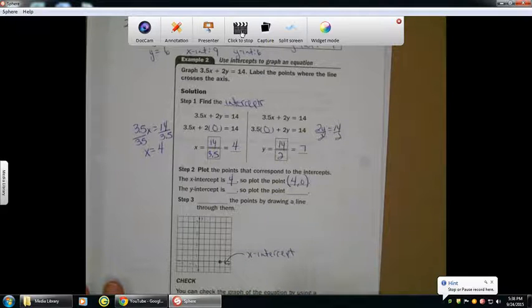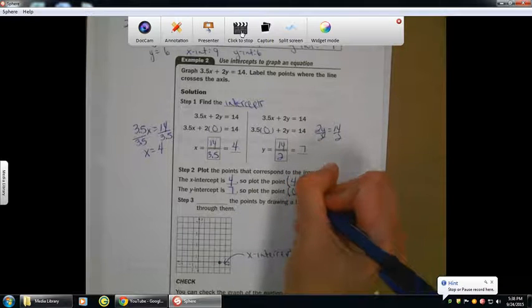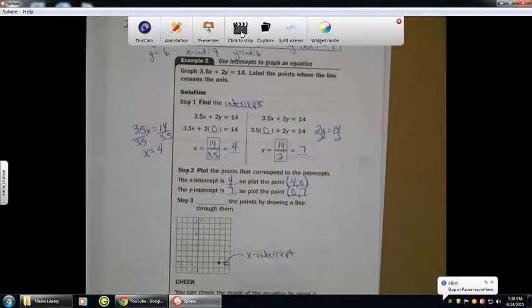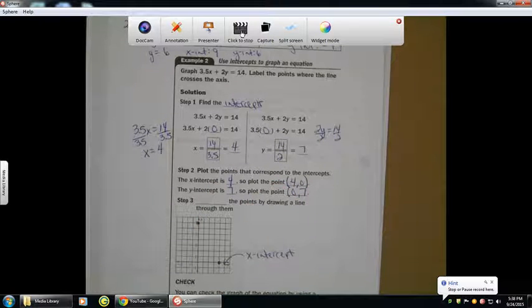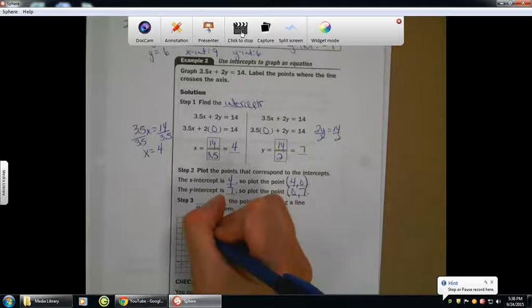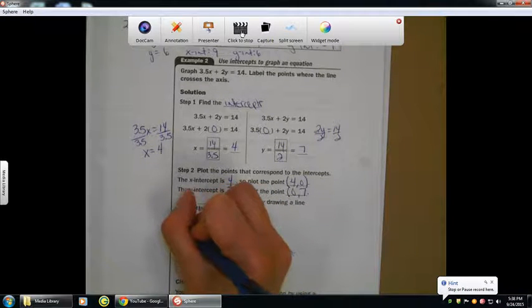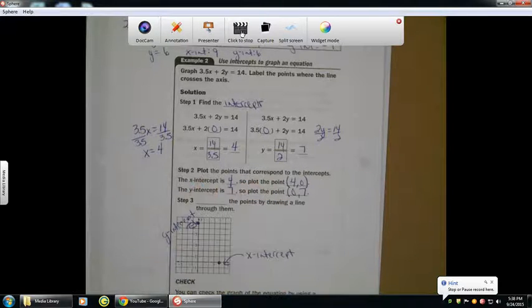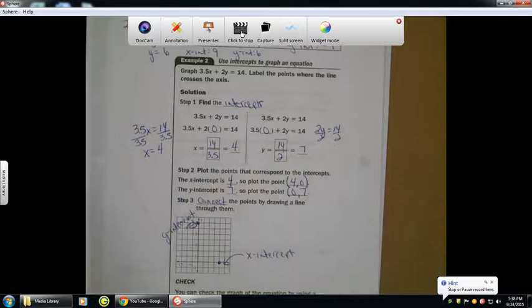My y-intercept is 7, so I'm going to plot the point 0, 7 and label that the y-intercept. And then I'm going to connect the points using a ruler, drawing a straight line through them.